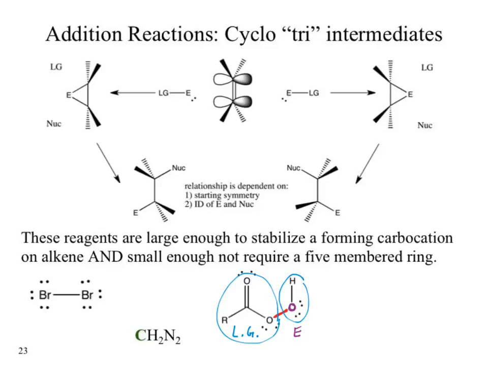The oxygen shares electrons in, we kick out the leaving group, and we go through this big mess of mechanistic arrows, and we end up forming, just as with our carbene, a three-membered product known as the epoxide.